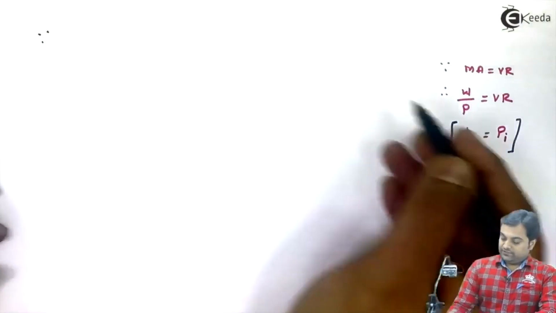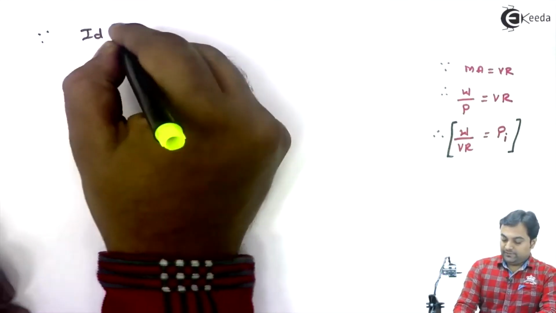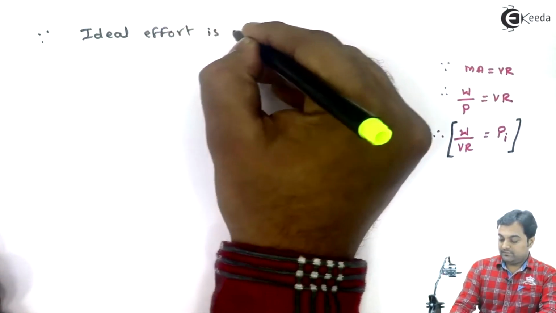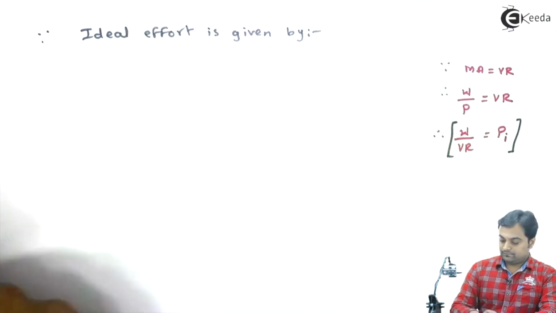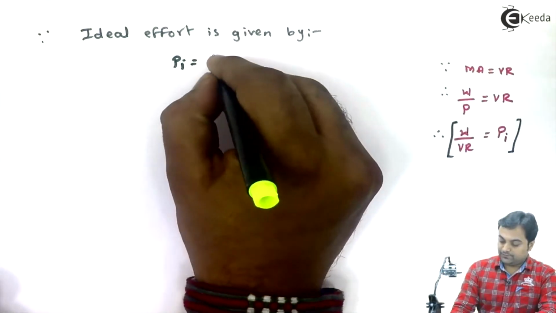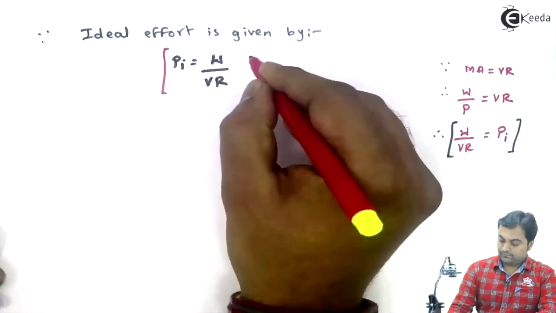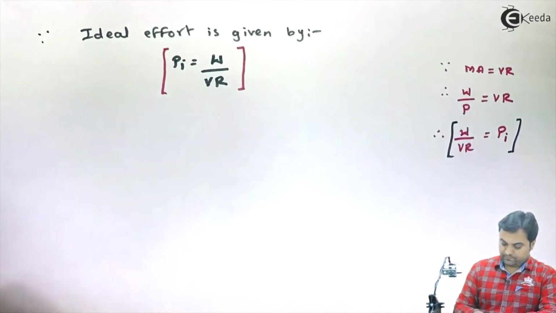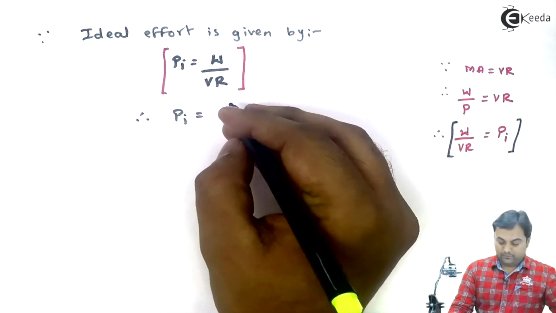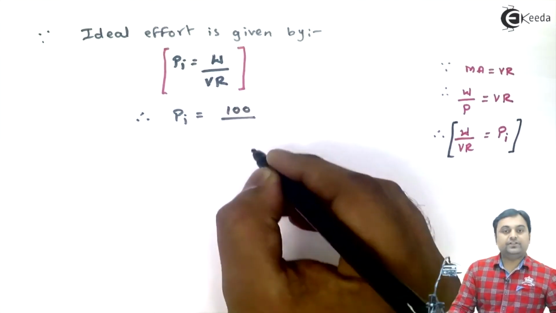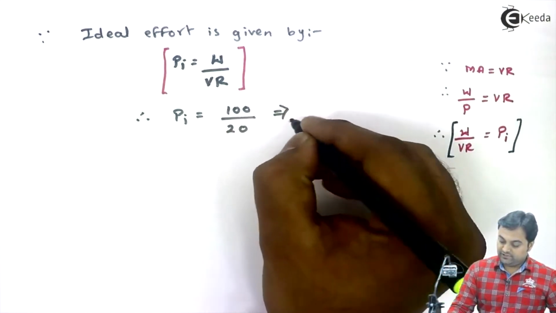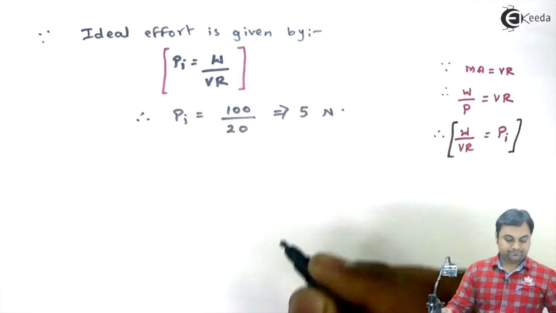Now using the same formula, ideal effort is given by P suffix I is equal to load upon velocity ratio. So ideal effort is equal to load, 100, upon velocity ratio we have calculated just now, 20. From this, ideal effort comes out to be 5 Newton.